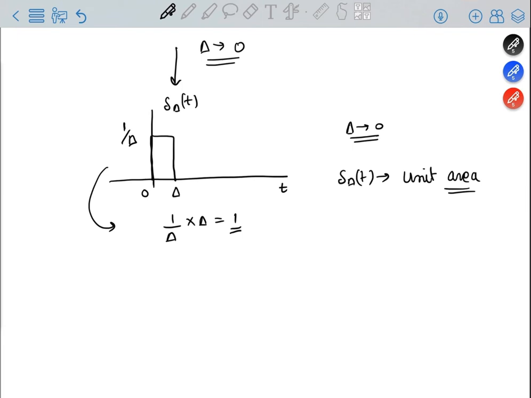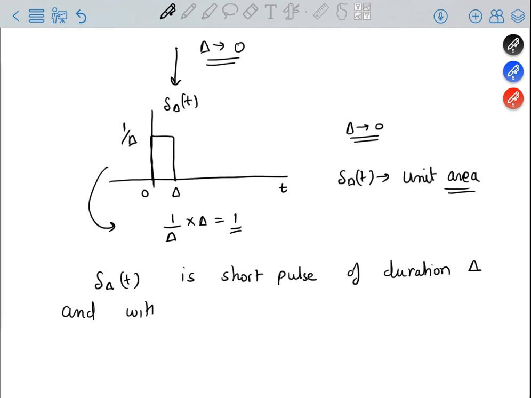So how does it help? delta_delta(t) is a short pulse of duration delta and with a unit area for any value of delta.